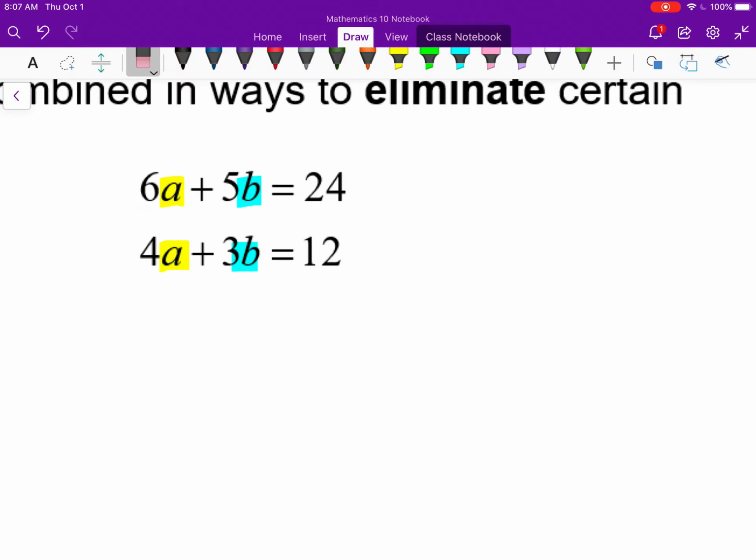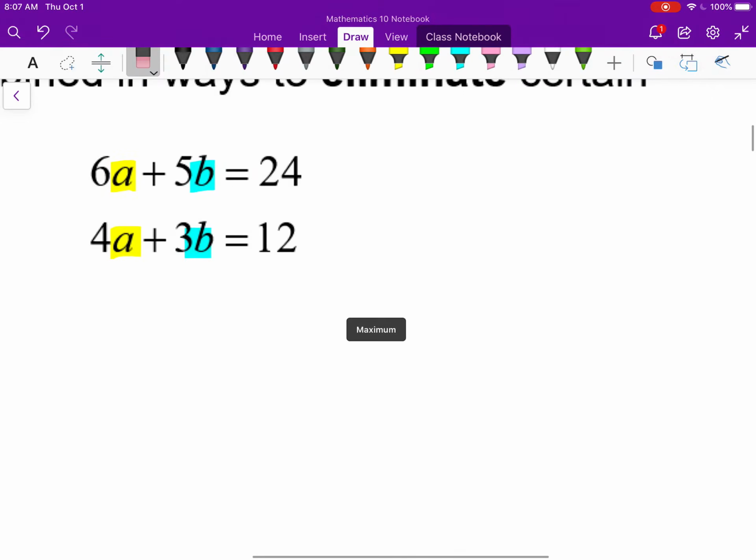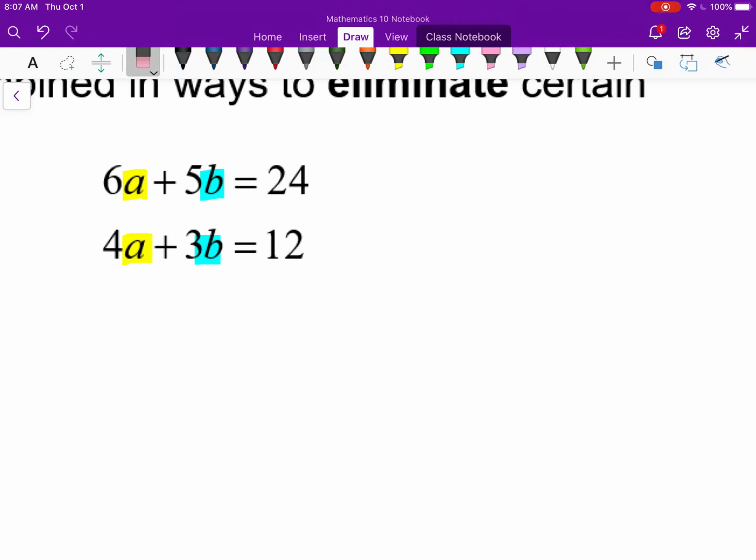Well, it's useful if we first find a way to make two of my like terms opposites of one another. So for example, let's focus on my b's. One's 5b, one's 3b.